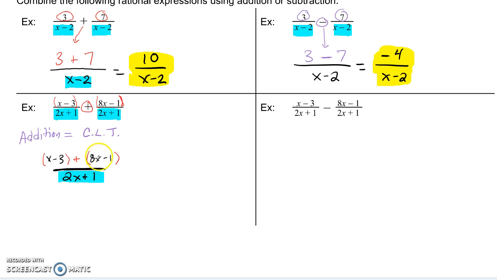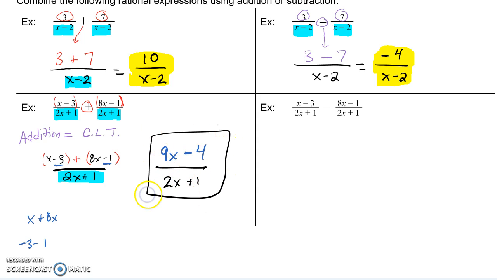So in this case, I have an 8x and a 1x. I am adding these, so I take my x plus my 8x, and I get 9x in the numerator. And then I also have a -3 and a -1, so -3 minus 1. I get 9x minus 4 as my numerator. I keep the denominator the same, 2x plus 1, and we're done.